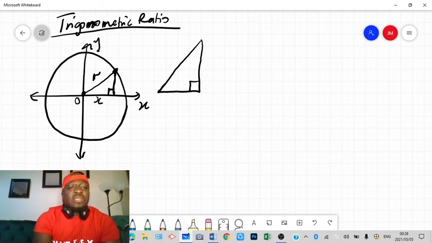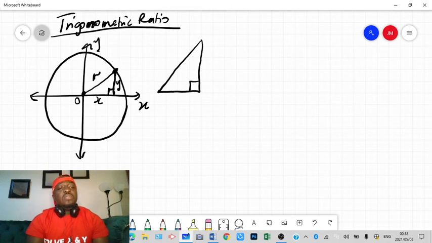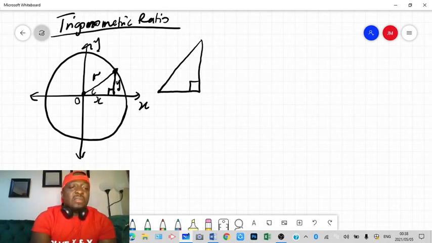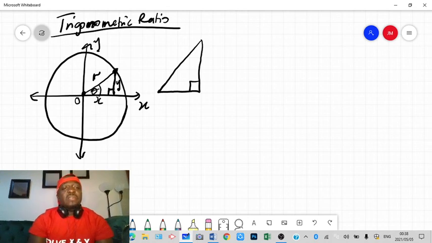This is going to be your x-axis, and this is your y. Let's say an angle theta is formed in this angle here. So that is how this will display. If you take it out as a right-angled triangle, then you have something that looks like this.